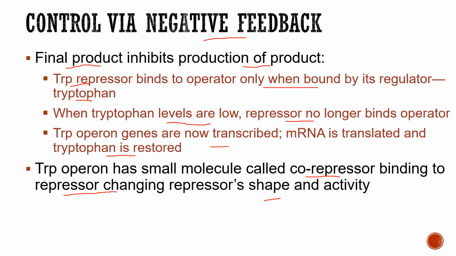Okay, we just have a few different words here. Again, a co-repressor is a molecule that binds to the repressor and allows it to attach. The inducer that we mentioned with the lac operon binds and removes it from the operator.